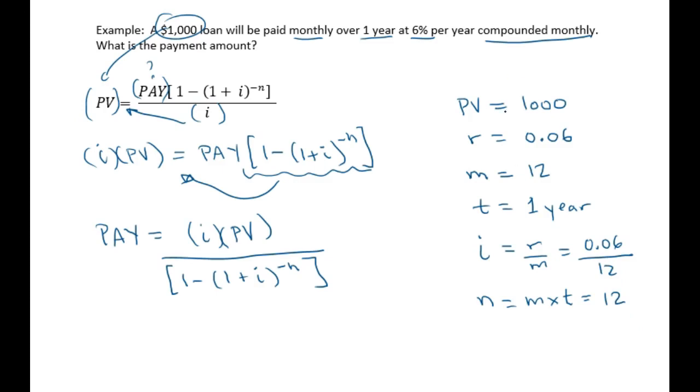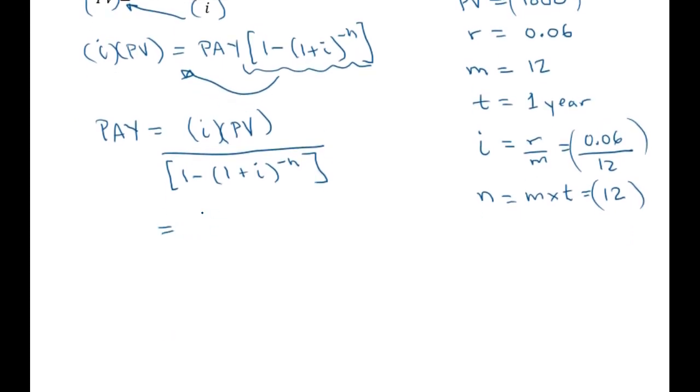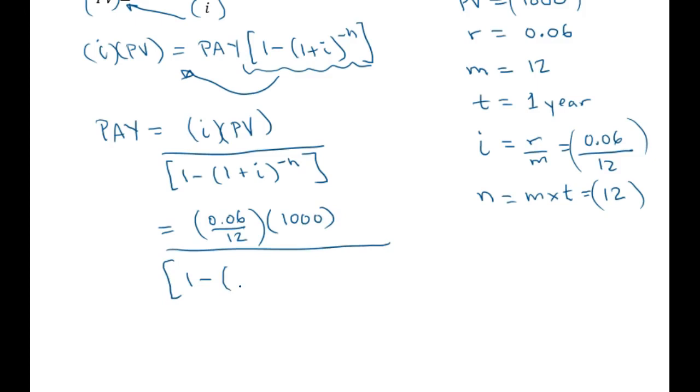And then we can substitute in our present value, our i value, and our n value. So the payment is equal to 0.06 divided by 12 multiplied by our present value of 1,000, divided by 1 minus (1 plus 0.06 over 12) to the exponent negative 12.